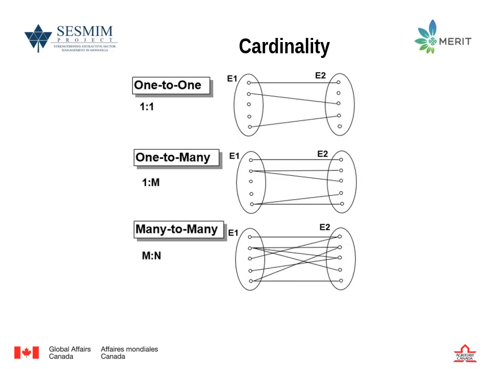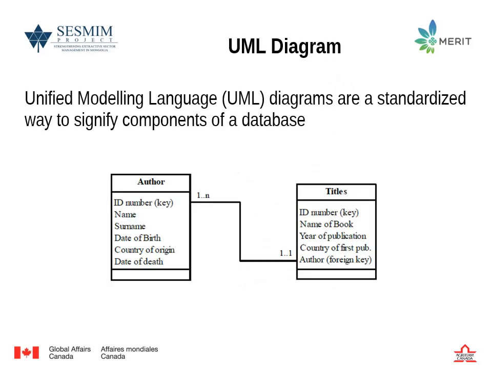This is just a visualization of cardinality, so you can see the different types of relationships. A UML diagram, or Unified Modeling Language diagram, is a standardized way to signify components of a database and their relationship. This image is basically what I was just talking about before.